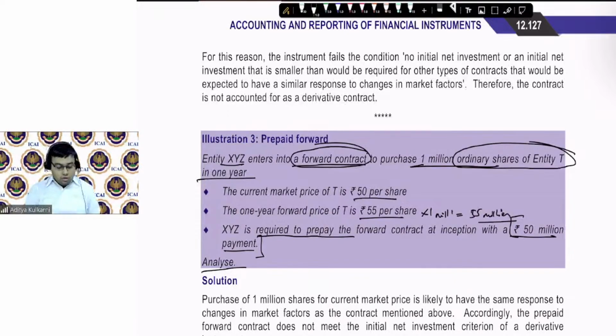So it is not going to be a derivative. Are you clear about this? Yes. Any doubt so far?